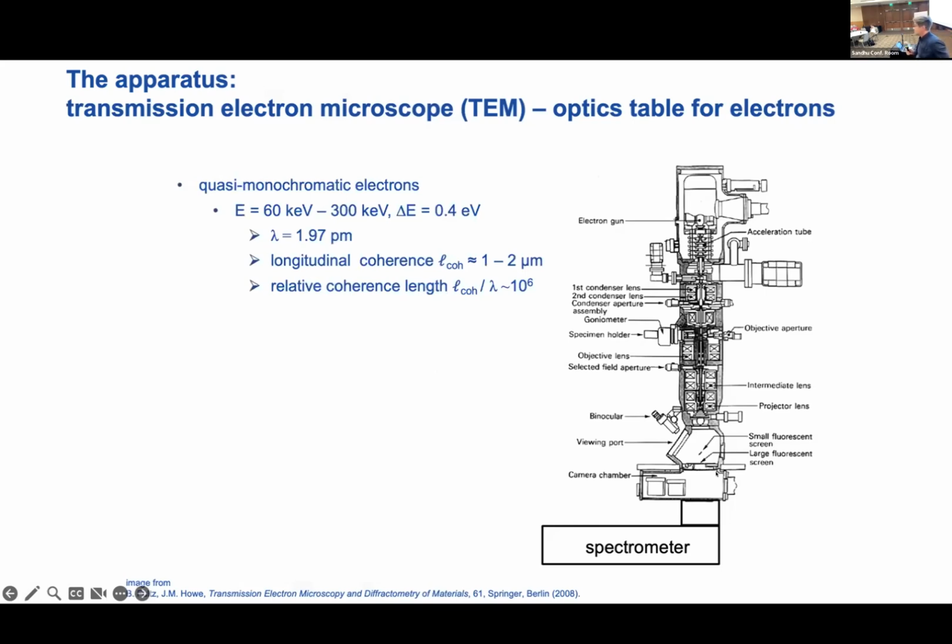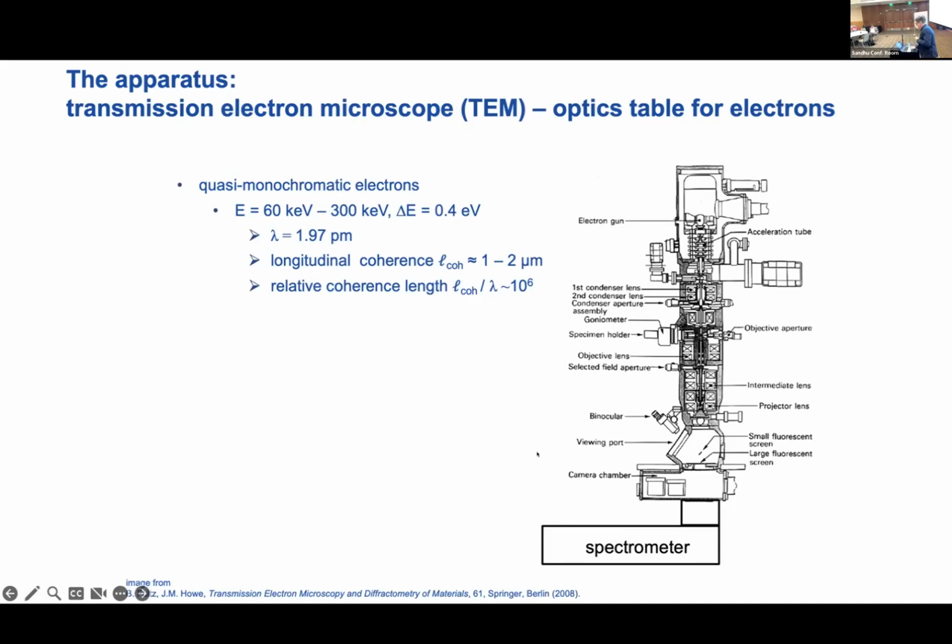One of the interesting things of modern microscopes, there's been some quite amazing engineering going into these systems, is they're almost a laser-like point source of electrons. So they're quasi-monochromatic. You can get down to a tenth of an eV, electron volt, energy spread on a 300 keV beam.